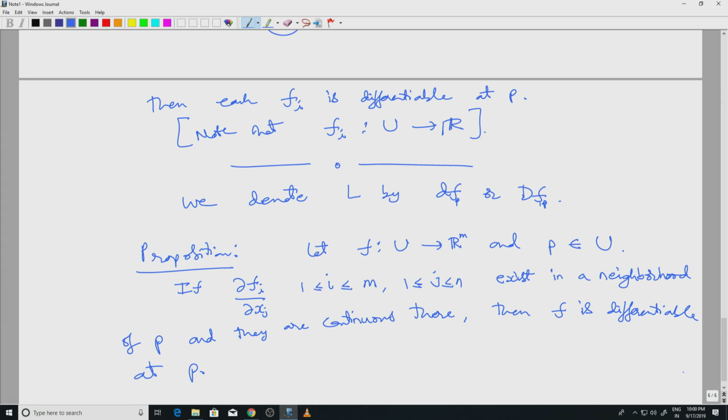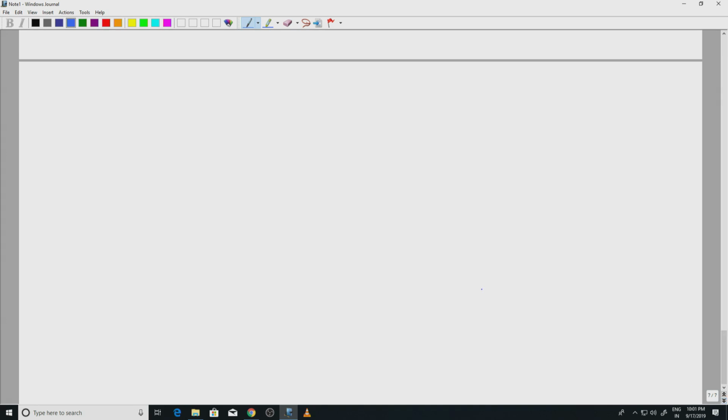And of course, in fact, let me say that the matrix of df at P, remember that this is a linear transformation, so therefore I have a matrix of this.